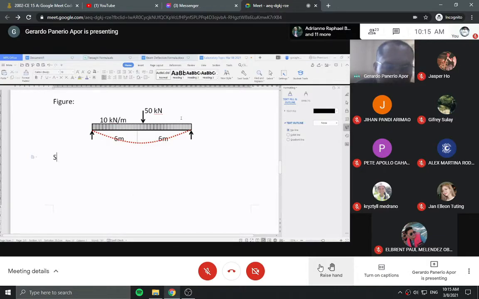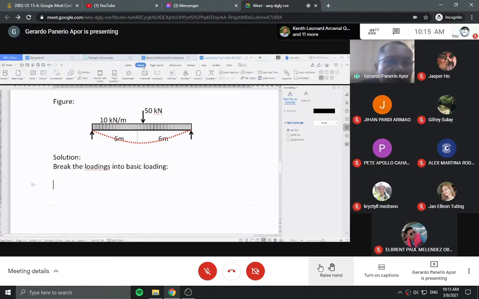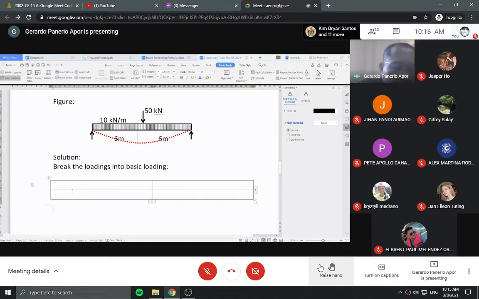Solution: break the loadings, there are two types of loadings, into basic loadings. So I will insert a table with two columns, one for case number 1 and one for case number 2.